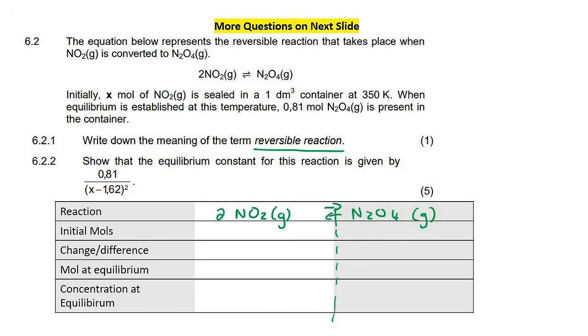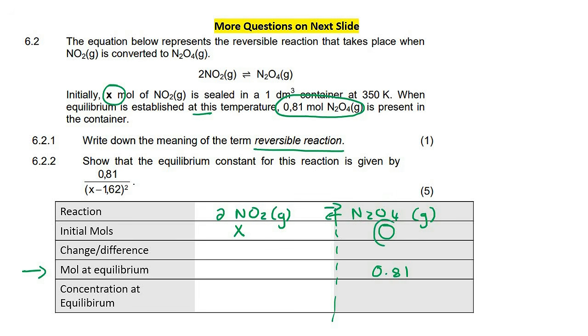Initially we start off with X moles of NO2, and if they don't mention anything, then your product would always have a 0 for the initial. Now, they say that when equilibrium is established, 0.81 moles is present. So that means at equilibrium, your N2O4 is 0.81.